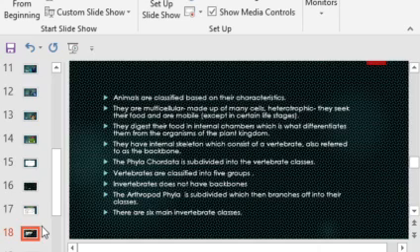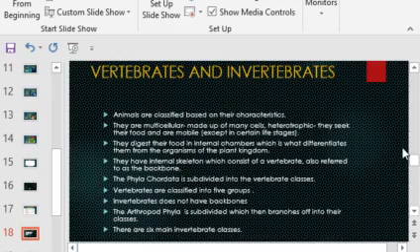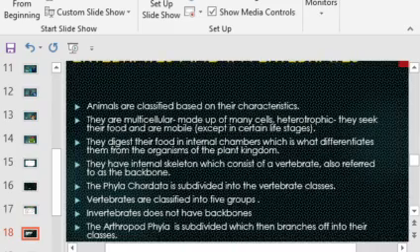So just a few pointers here to help us remember what we just spoke about. So animals are classified based on their characteristics. They are multicellular, made up of many cells, and they are heterotrophic, which means they seek food.